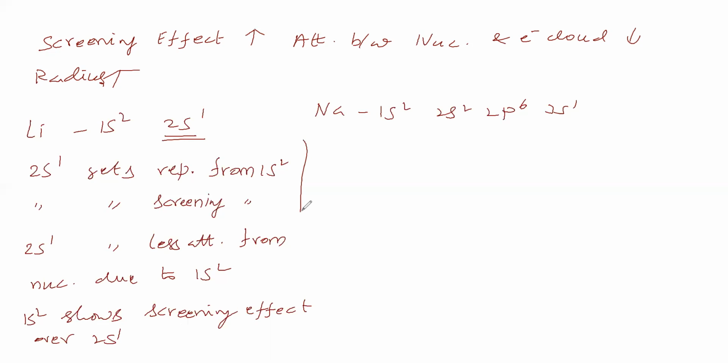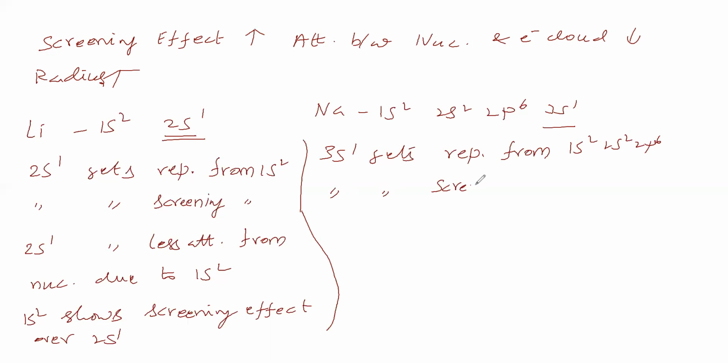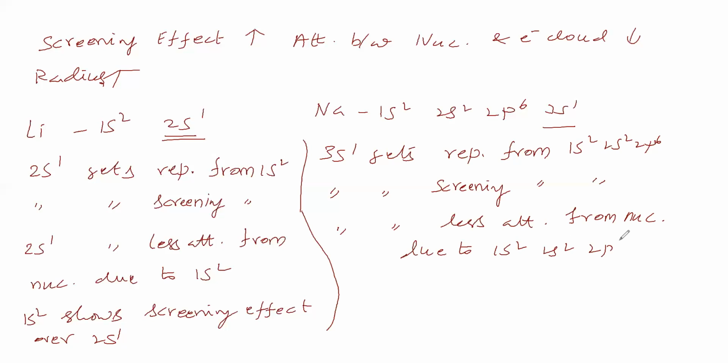What about sodium? In sodium, the outermost shell is 3s1. 3s1 gets repulsion from 1s2, 2s2, 2p6. So 3s1 gets screening from 1s2, 2s2, 2p6. So 3s1 gets less attraction from the nucleus due to 1s2, 2s2, 2p6.